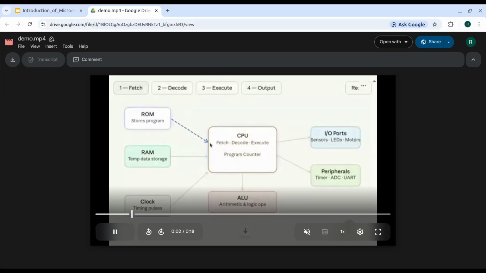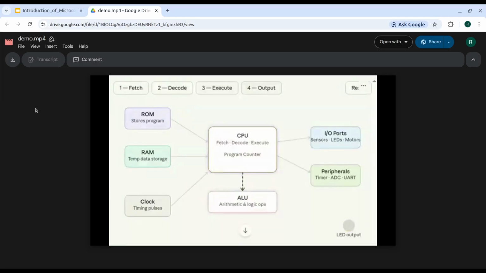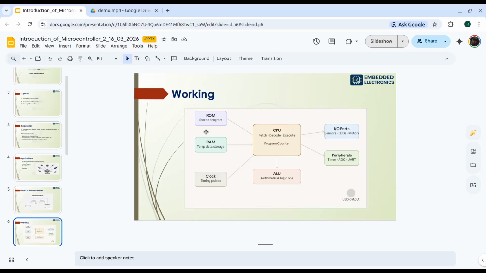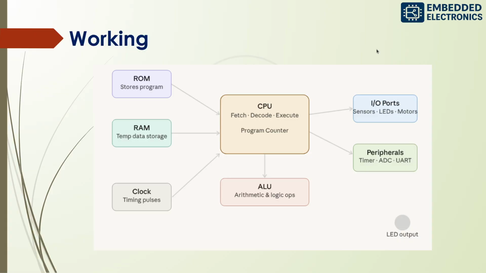First it will fetch, then it will decode, then execute, then output. See here, the LED turns on. So this is the working of the microcontroller. First it fetches, then decodes, then executes, then you get the output.